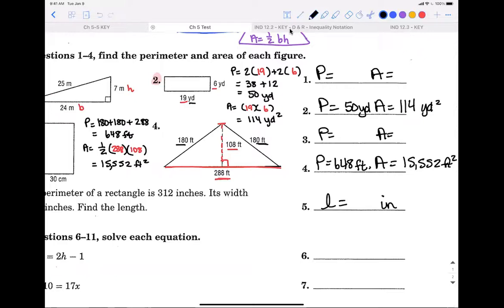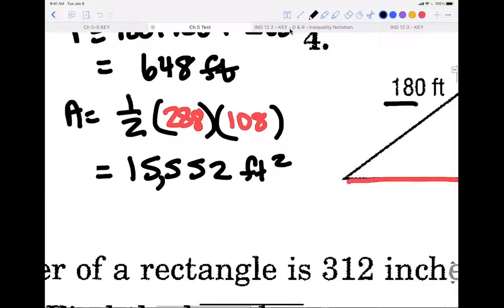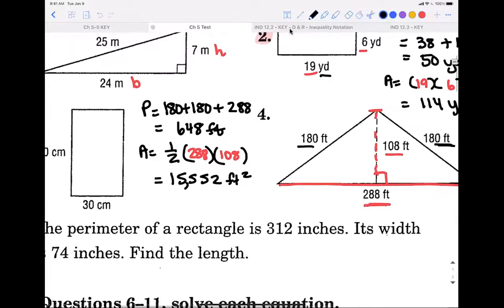Yes. Pardon? Well, so in my calculator, instead of 1/2, I punched in 0.5 times 288 times 108. Okay, are we good there?